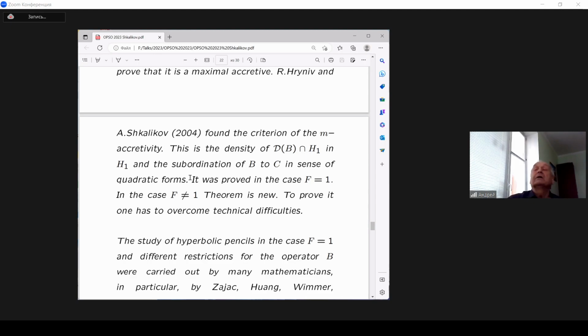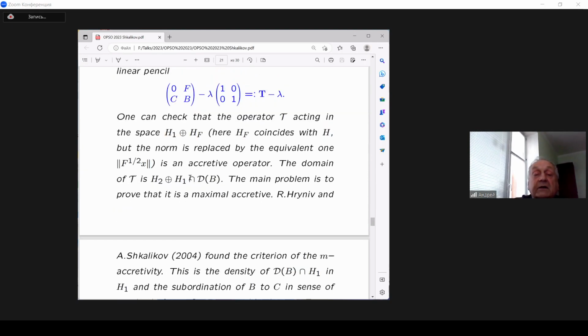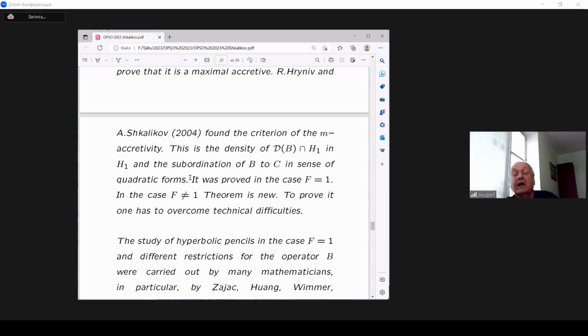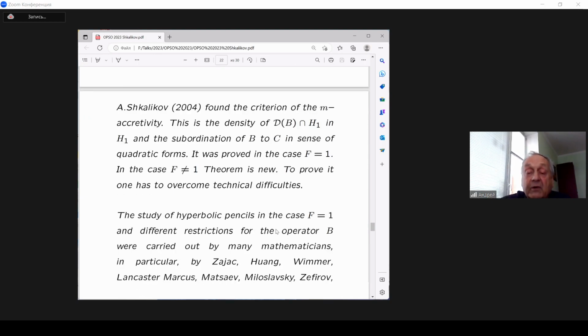So if our conditions of the theorem do hold, then the operator T, which is constructed here, is a maximal accretive operator, and so it is a generator of a contraction semigroup, not only C0, but a contraction semigroup.